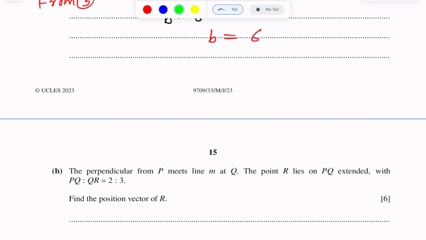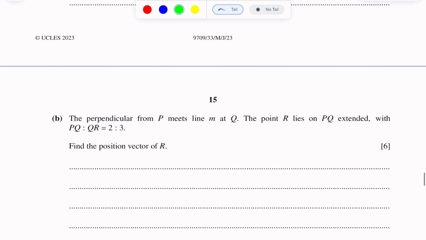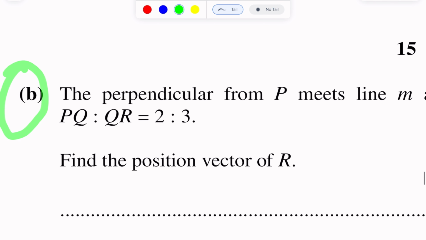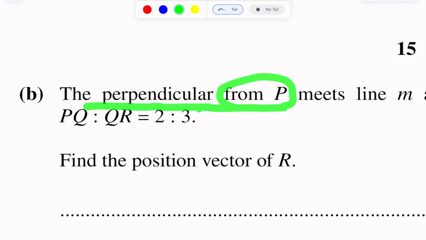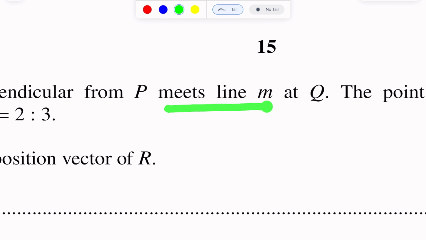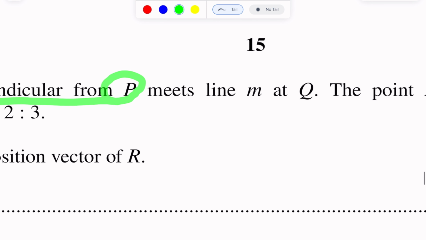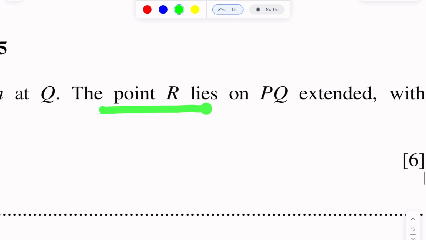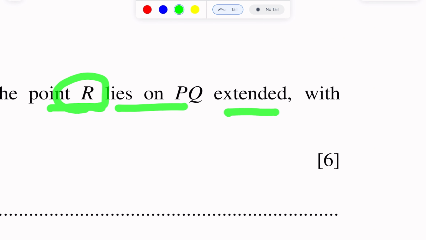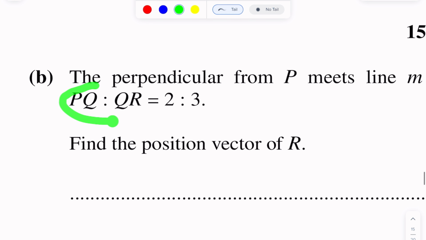Now part B of this question is: the perpendicular from point P meets the line M at point Q. The point R lies on PQ extended, with the ratio PQ to QR equal to 2 over 3.